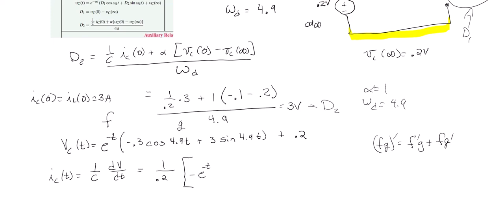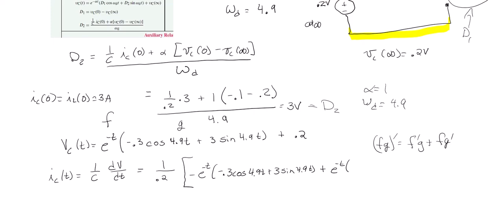the chain rule. So that's f prime, and then g, I'll just write this over again, negative 0.3 cosine 4.9t plus 3 sine 4.9t, plus fg prime. So f is e to the minus t. And then the derivative of cosine is minus sine. But I also have to remember the chain rule.